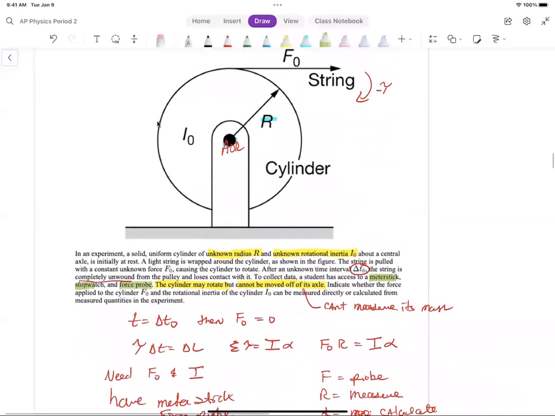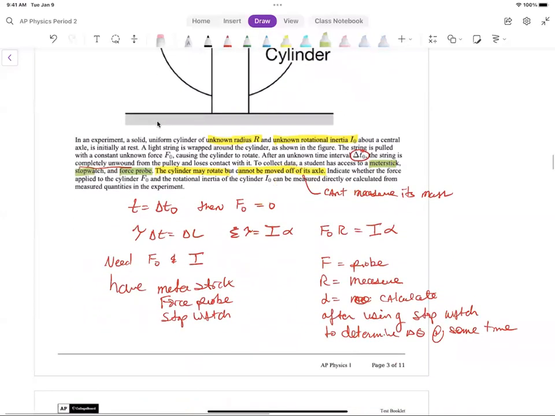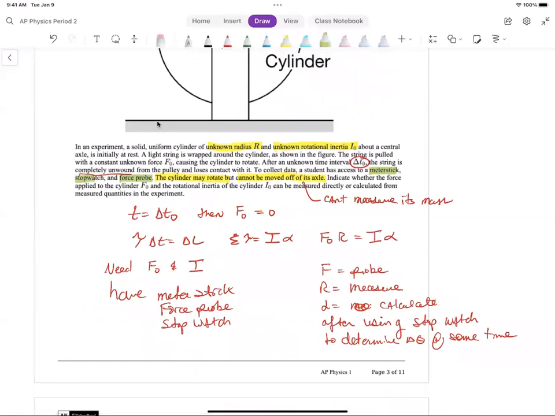They told me I couldn't take this disc off of the metal rod, which means I can't put it on a scale. I can't measure its mass. But I have a force probe, so I can measure the force directly. And with a stopwatch, a force probe, and a meter stick, I can measure R, the radius, and I can find the angular acceleration.